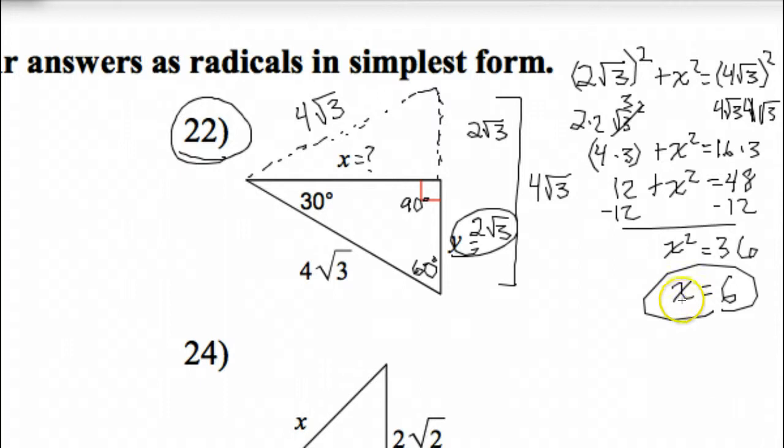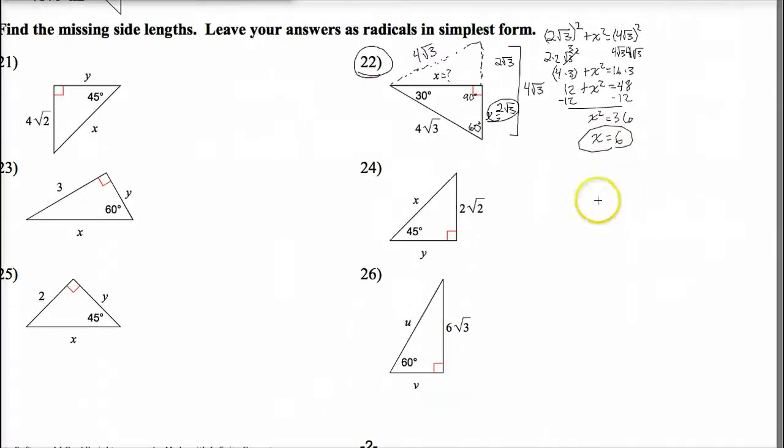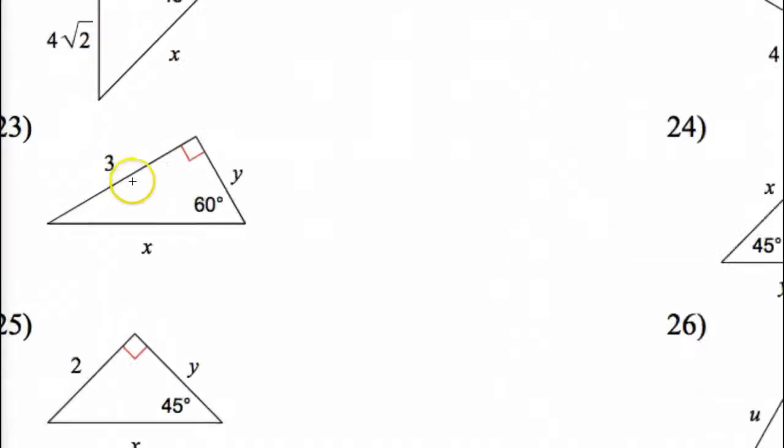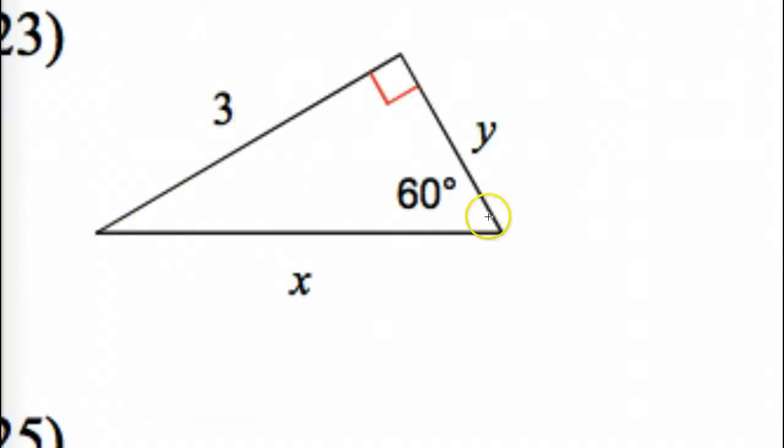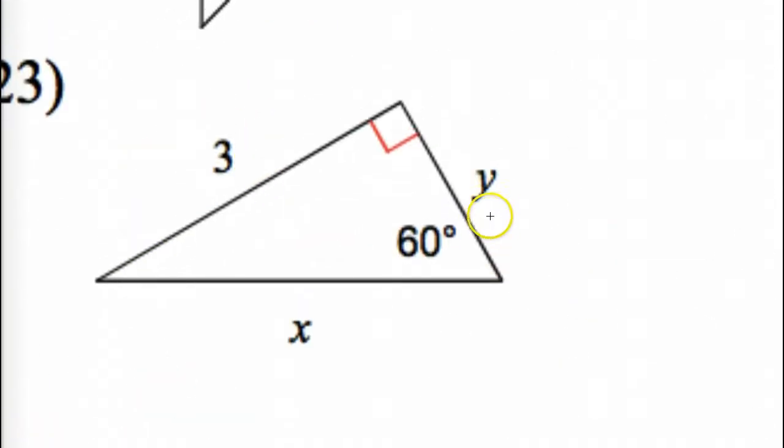Now if I really, really wanted to check this, I could plug it back in and see what comes out of it. Well, let's look at another one that's a lot like that. So now, how about I zoom into this one here? It's very, very similar. So again, we have half of an equilateral triangle.